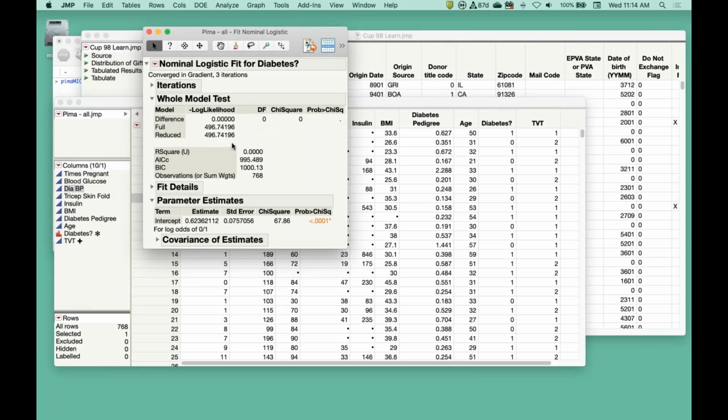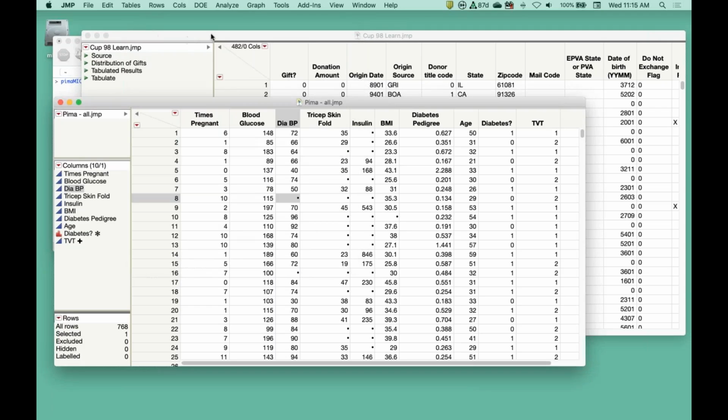What we find is that even though I have 768 observations, I should only have about 300 of those observations used for my analysis. Let me run that one more time.